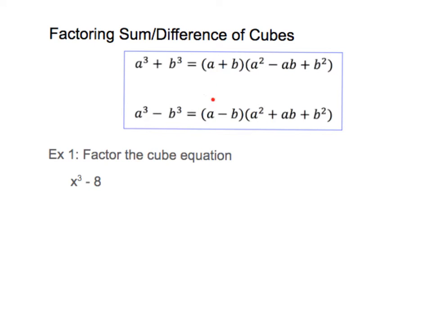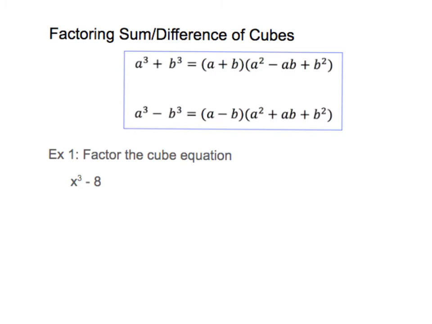The first term in here is an a, then it's a b, then it's an a squared, a times b next, and then a b squared. And they're both the same for either one. The only difference is the signs. When this is a plus sign, this is a plus sign. When this is a minus sign, this is a minus sign. And after that, it's opposite. And the last one is both positive.